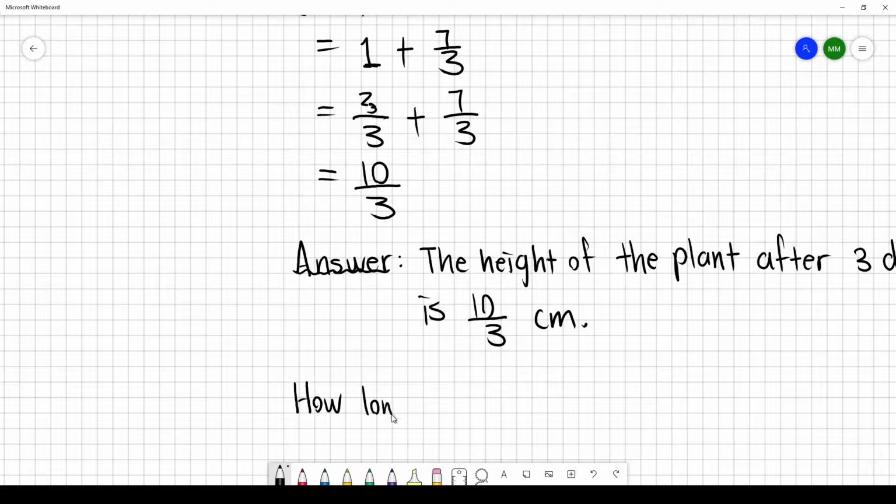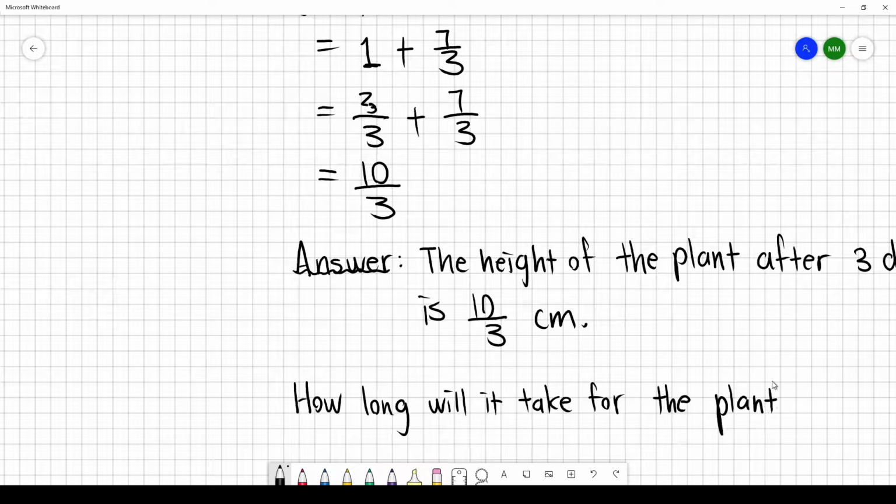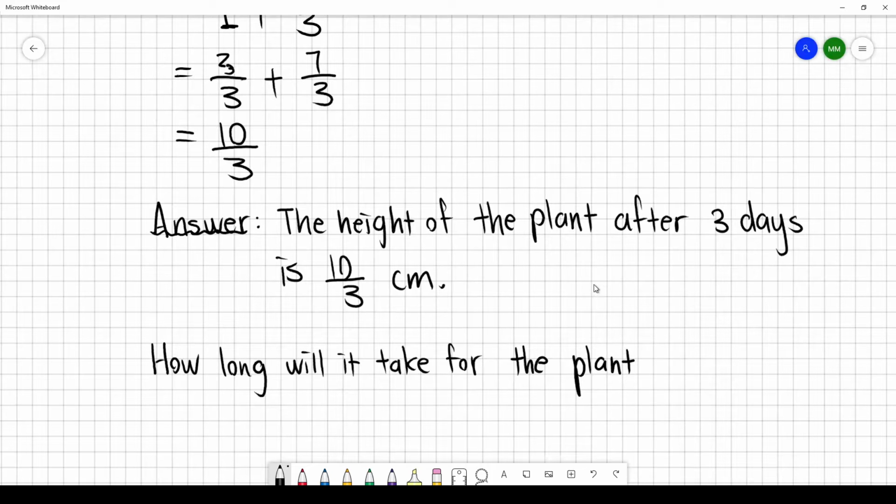How long will it take for the plant to grow to 1 meter?